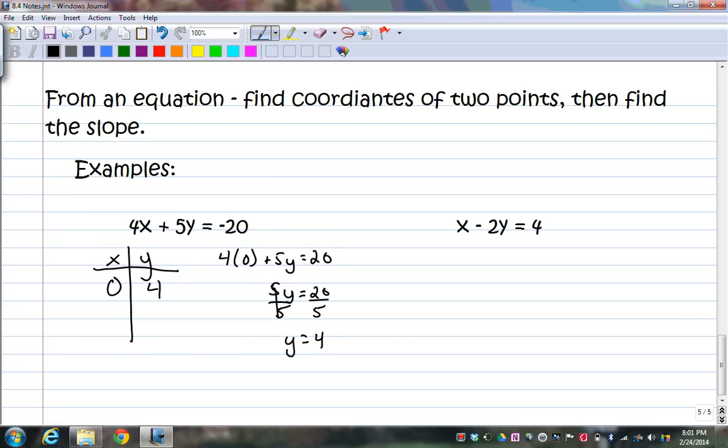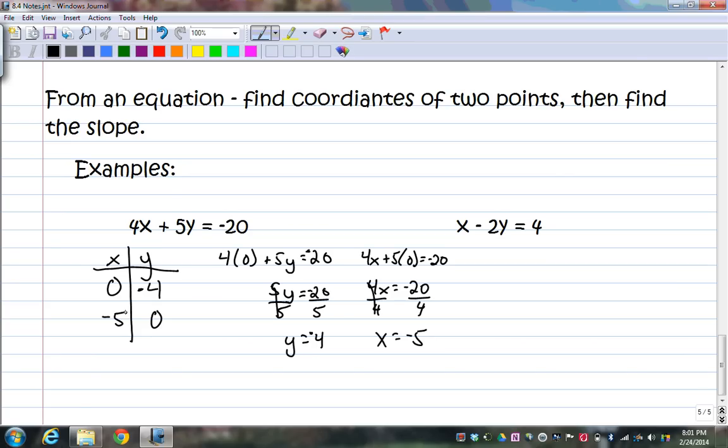Okay? Then if I put 0 in for y, I would have 4x plus 5 times 0 is equal to -20. Oops, that was a -20. My mistake. That means this would be a -4 here. Sorry about that. And then here I'd have 4x equal to -20. Divide by 4 on both sides, and x is equal to -5.